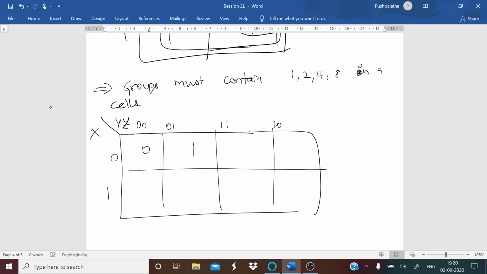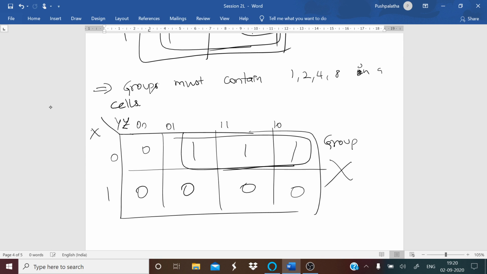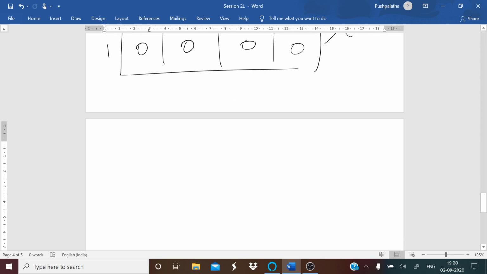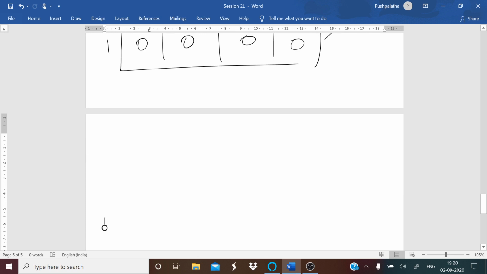You have 0, 1, 1, 1, 0, 0, 0, 0. As we said here, you can use two ones together, but you cannot put together all the three. This is not done. That is, group of 3 is not allowed.